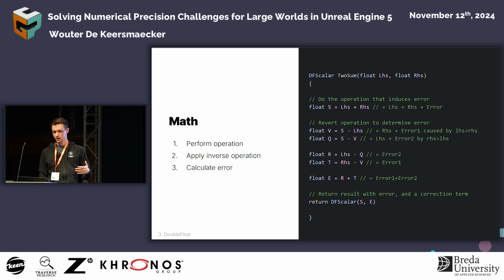You apply the inverse operator, and then from that you calculate the error that was incurred when you performed the operation. And so once again, if you have the result of the operation and the error that was produced, then altogether you get the more precise result. So on the right, yes, we perform the sum, we undo the sum again, measure the error, and then return that as a df scalar.